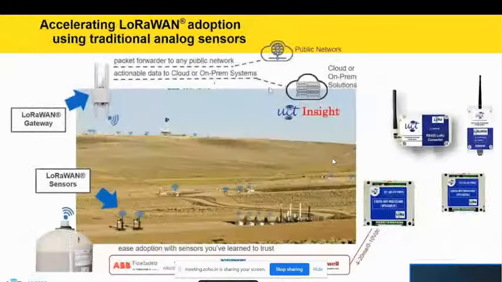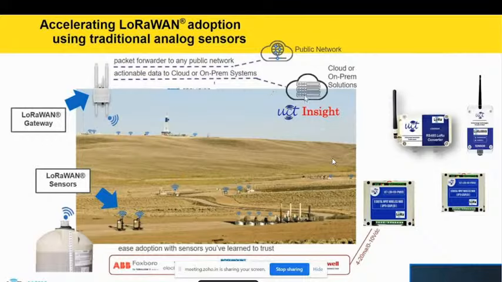Here is how we can accelerate the adoption of LoRaWAN technology using traditional sensors. We are already very familiar in industry, and we use all these 4 to 20 milliamp sensors and 0 to 10 volt sensors a lot. Also thermocouples and RTDs, we use them a lot. And apart from this, RS485 is a very common interface for connecting meters, drives, and all these solutions.